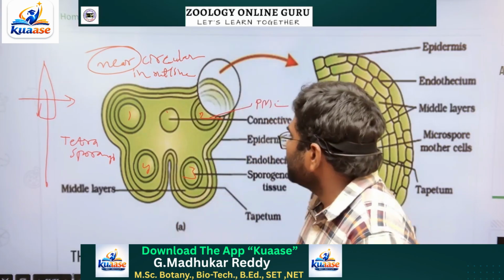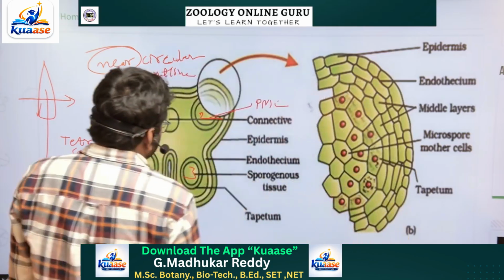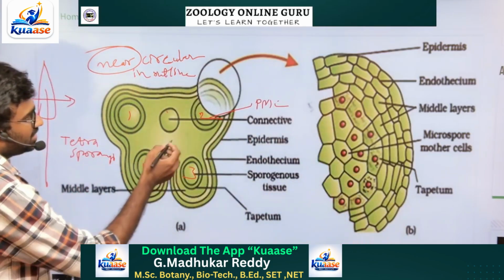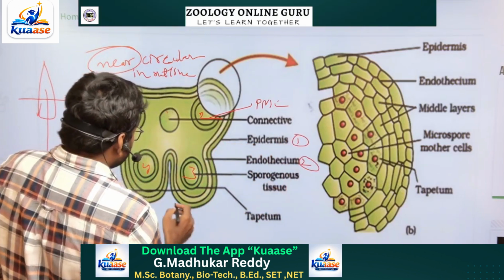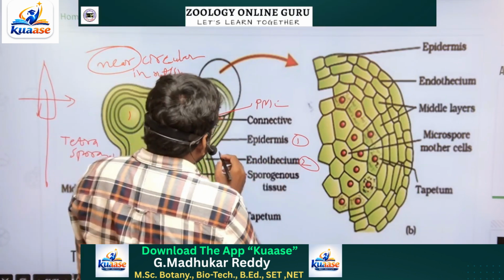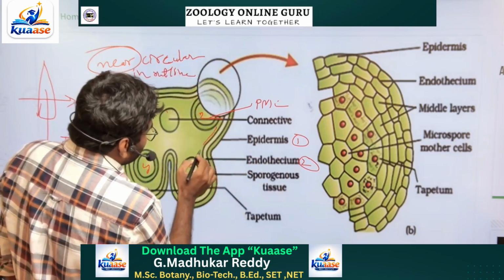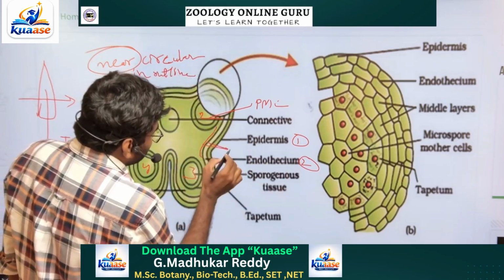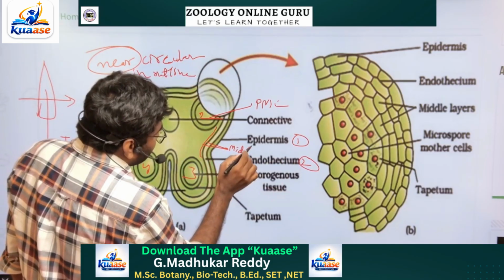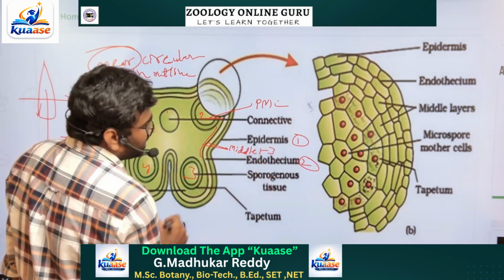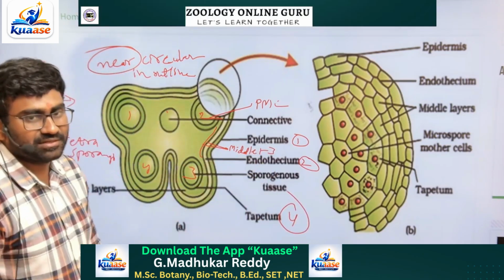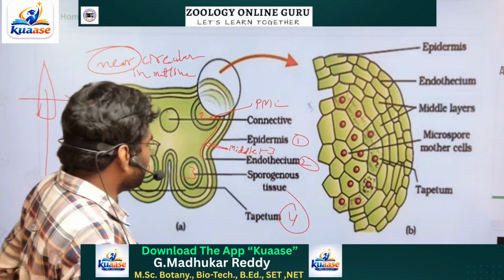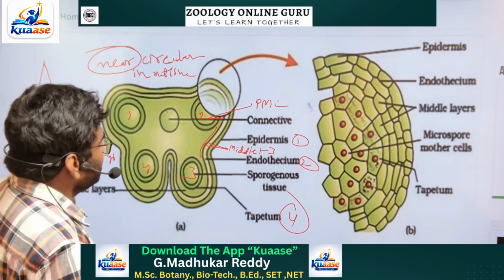So here it mainly contains 4 wall layers: epidermis, endothecium, and middle wall layers. Usually they are 1 to 3 layers, and the last one is the tapetum. These are the 4 important parts of the microsporangium, right?